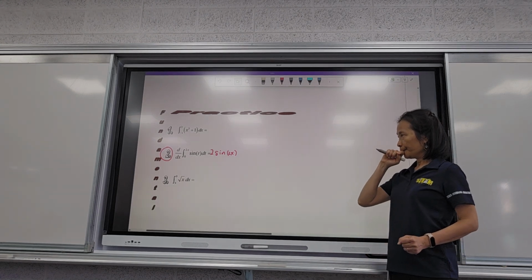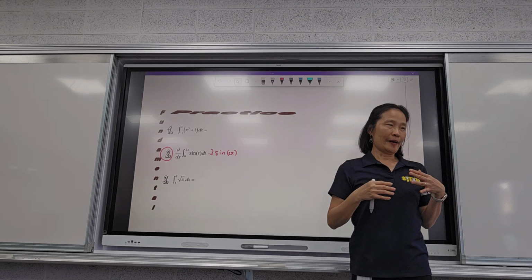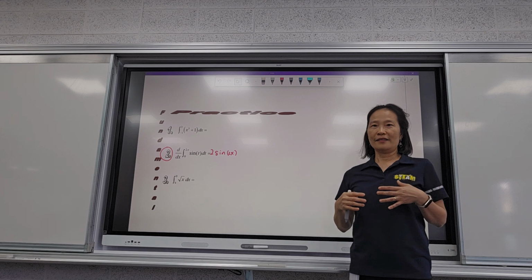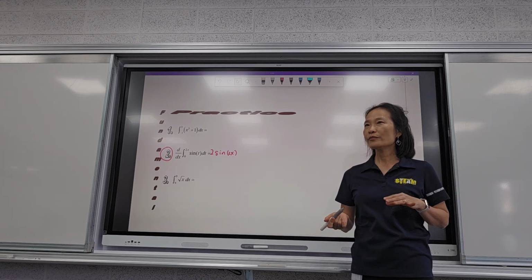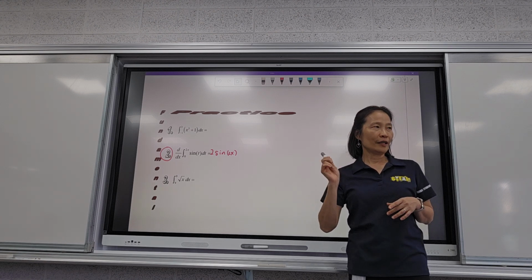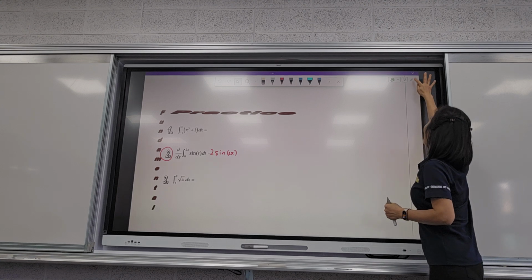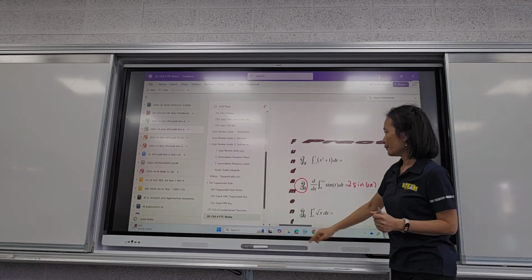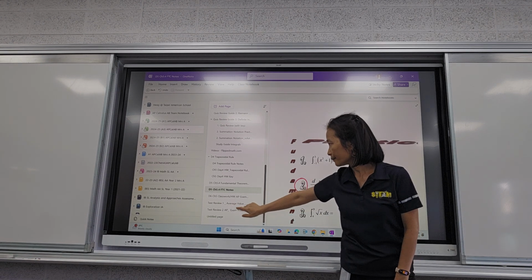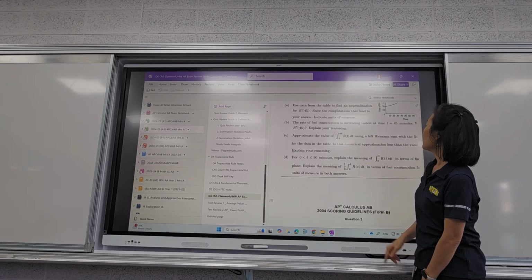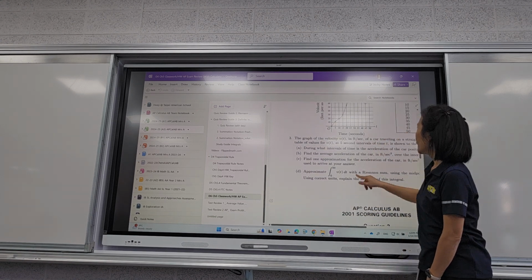So I'm going to give you a lot of free response questions to practice because there's so many various type of application problems with the integration, definite integral, and the fundamental theorem of calculus. So let's start from, I already posted, this is day 6 homework.